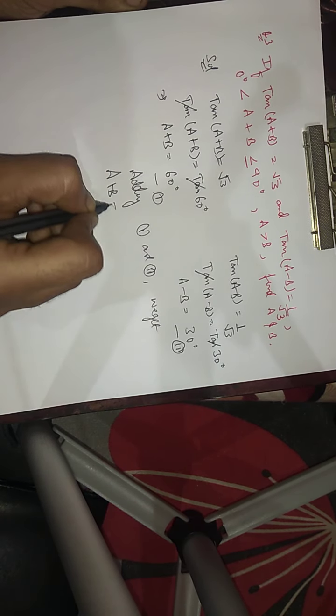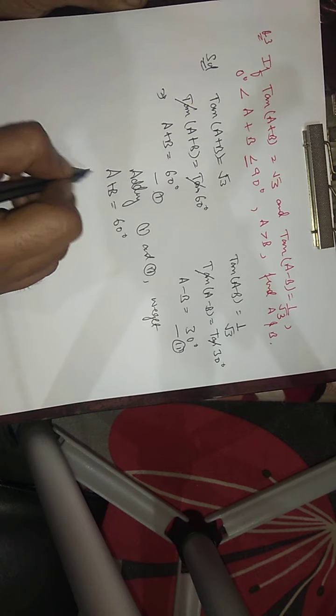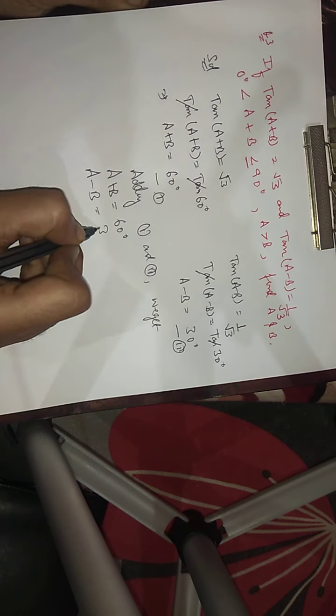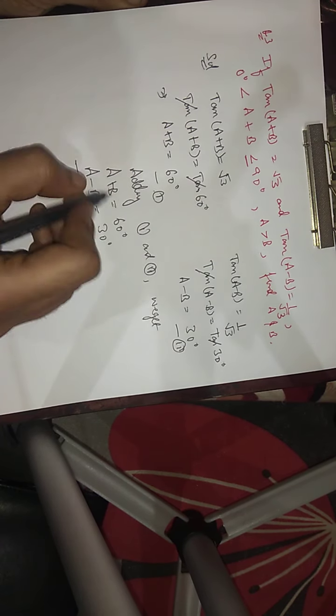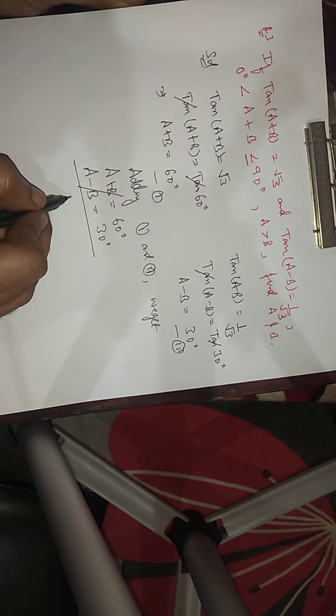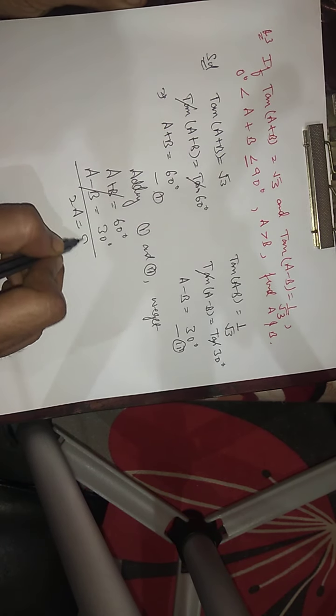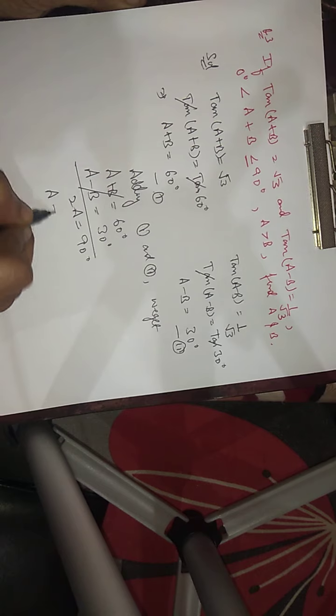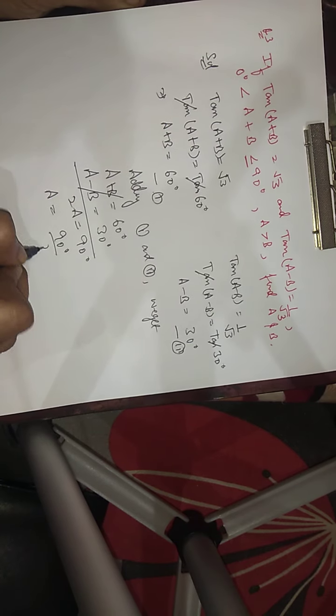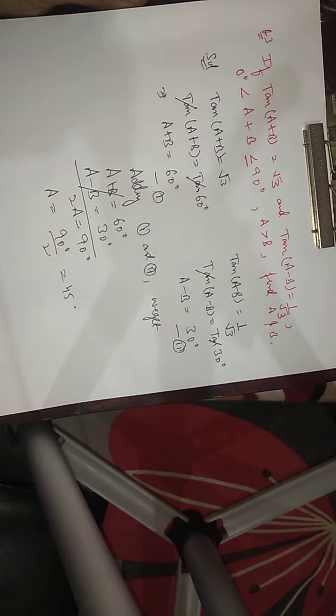A plus b is equal to 60 degree, a minus b is equal to 30 degree. When we solve it, plus b and minus b get cancelled out. 2a is equal to 90 degree, so angle A is equal to 90 degree divided by 2, which is 45 degree.